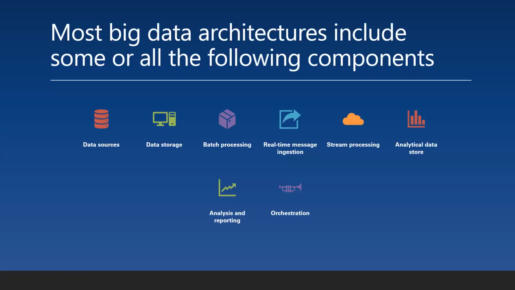Alternatively, the data could be presented through low-latency NoSQL technologies such as HBase or an interactive Hive database that provides a metadata abstraction over data files in distributed data stores.